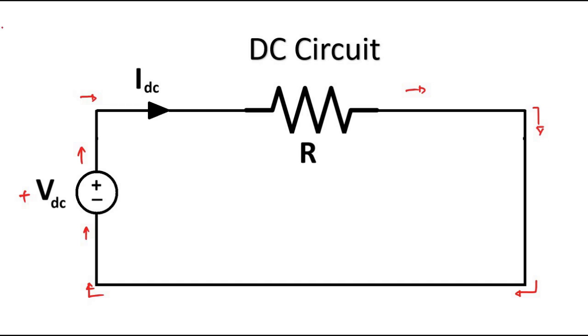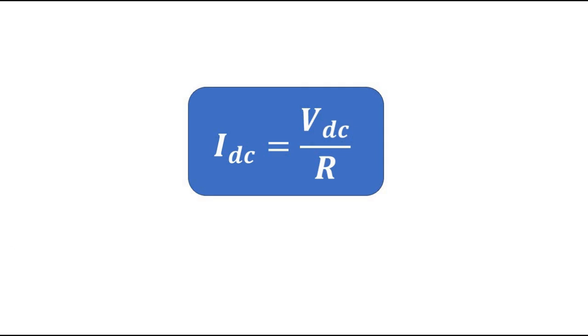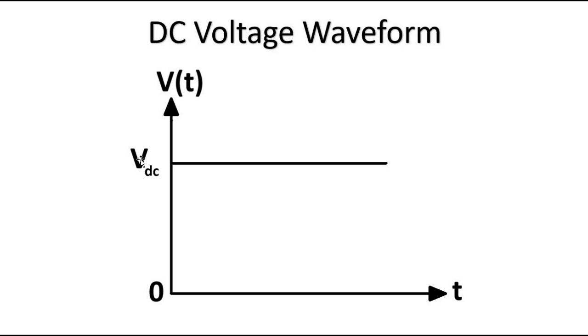So current starts from the positive terminal and terminates on the negative terminal. This is the DC voltage, and the DC current flows as per this relationship. In the DC voltage waveform, this is plus, the polarity is positive, so it is in the positive y-axis, which is the voltage expressed as a function of time.